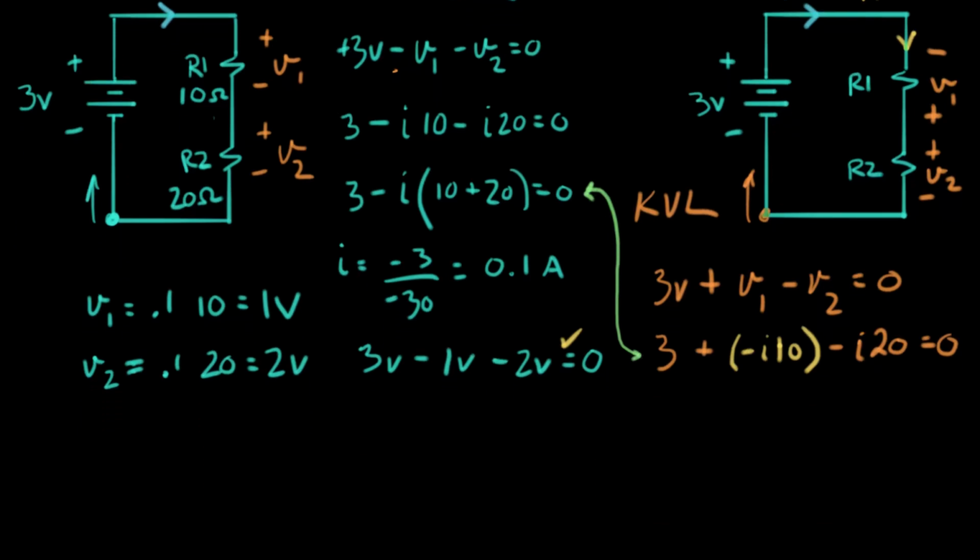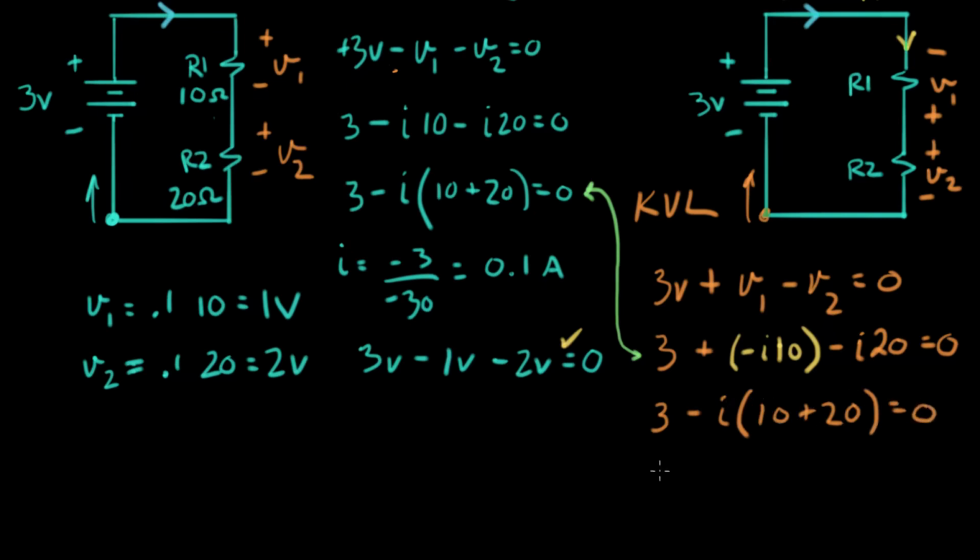Just need a little bit more room. 3 volts minus I times 10 plus 20 equals 0.